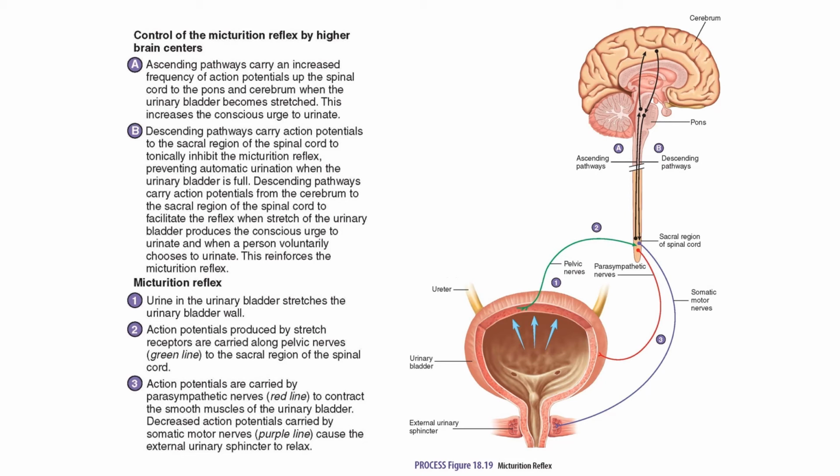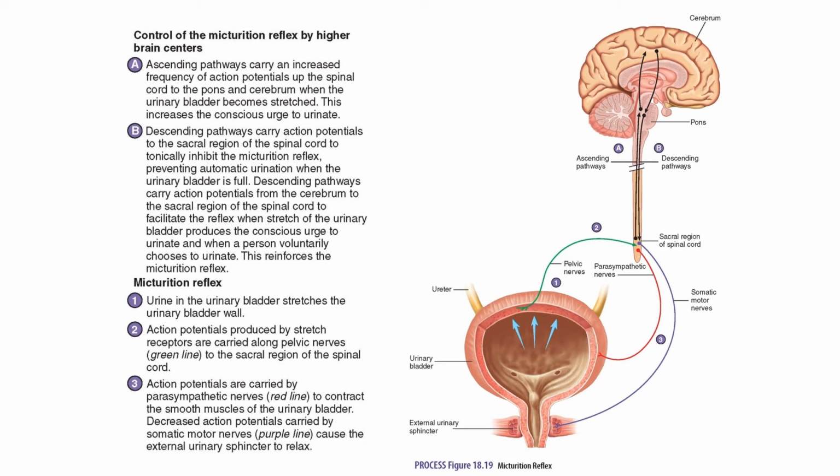So with the micturition reflex proper, here in number 1, the urine in the urinary bladder stretches the urinary bladder wall, and then action potentials are again sent, okay, because of the stretch. They are sent to the pelvic nerves, to the sacral region of the spinal cord, and then from there, the action potentials are being received by your ascending pathways.